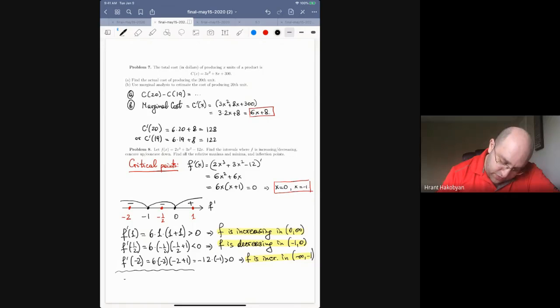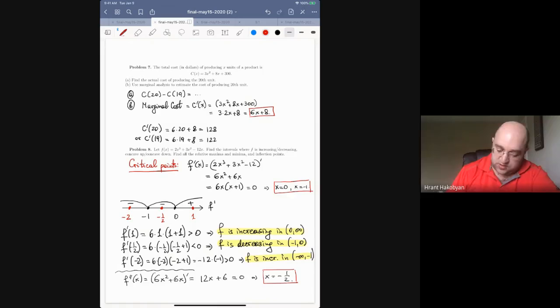So the second derivative, I'm just going to write it down. f double prime of x is the derivative of 6x squared plus 6x. So that's 12x plus 6. And if I set it equal to 0 and solve, I get that x is equal to negative 1/2. So that's my place where the second derivative is 0.